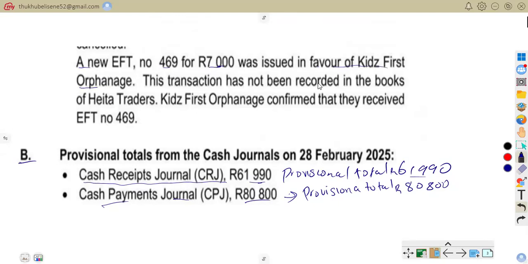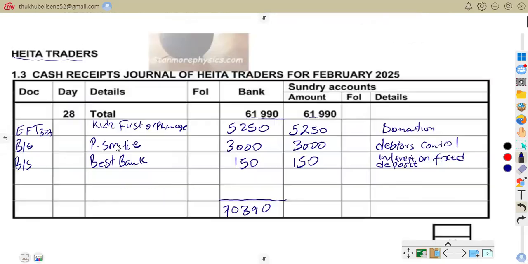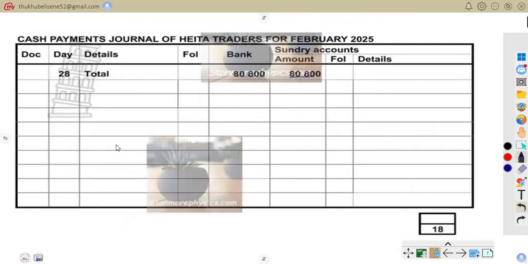Kids First Orphanage confirmed that they received EFT number 469. So now it's a payment, a new payment not recorded. We add that missing correction, and now we add it on the cash payment journal. We are going to say EFT, electronic funds transfer 469.